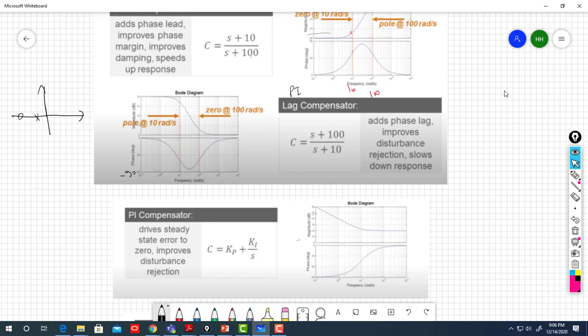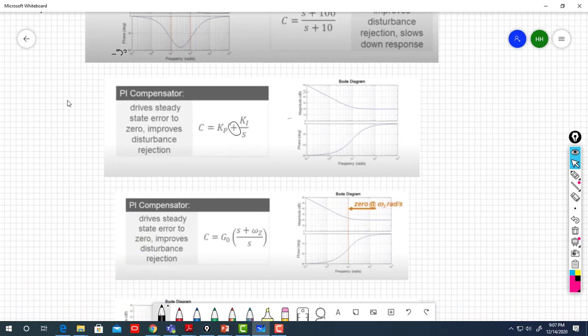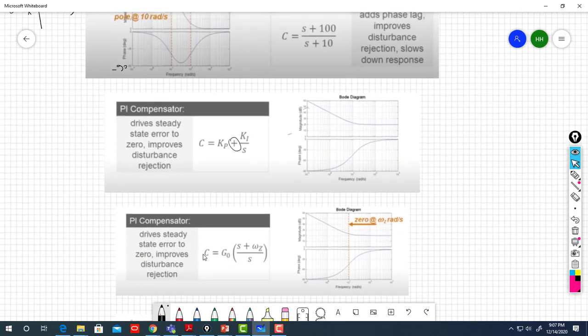But this is how to draw. If you want to draw the Bode diagram of it, you cannot draw it this way if it is in this form, because you have plus. So you should have multiplication. We need to convert it to our basic form in which you can draw the Bode diagram, right? So I can write it actually this way.